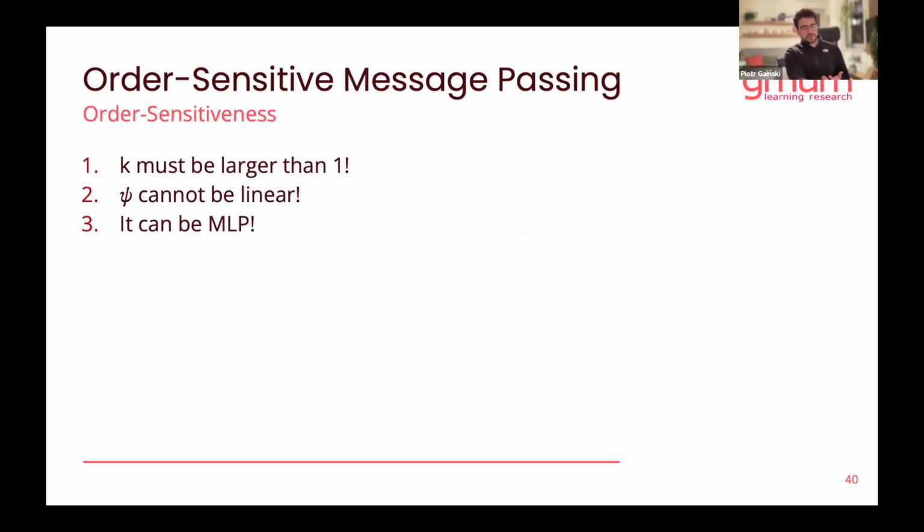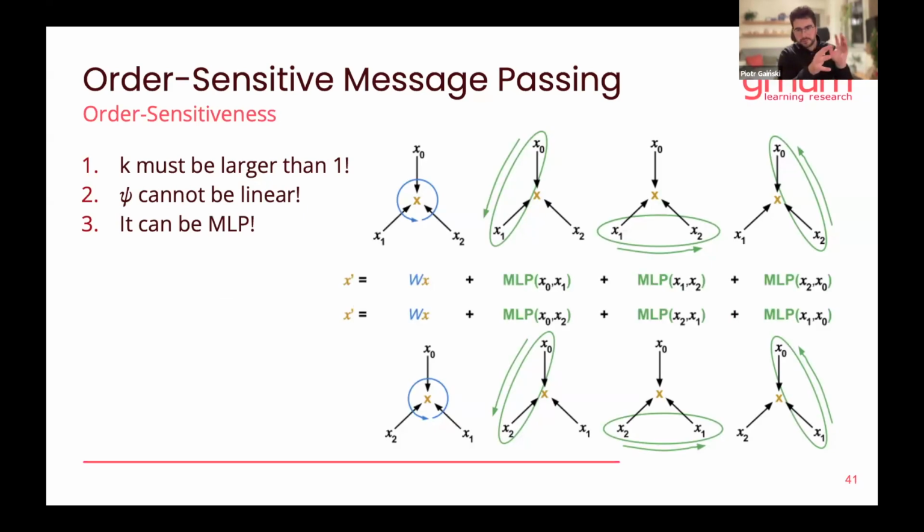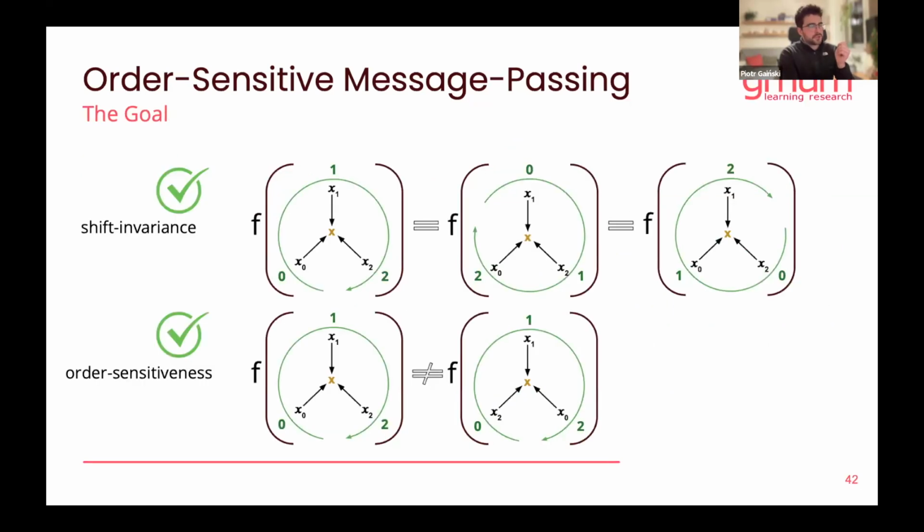However, we can use the magic of the universal approximation theorem and let psi be an MLP, and then we can somehow believe that this MLP can actually learn how to distinguish between different permutations. So now we enforce that our method is able to learn how to distinguish between a graph and its mirror image.